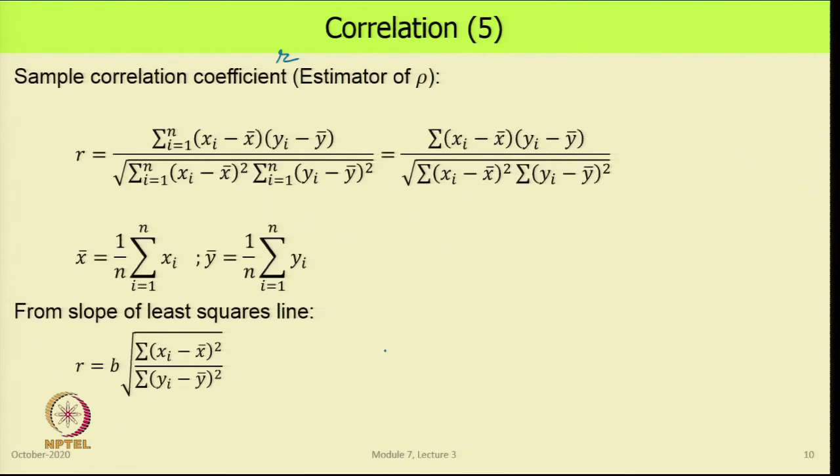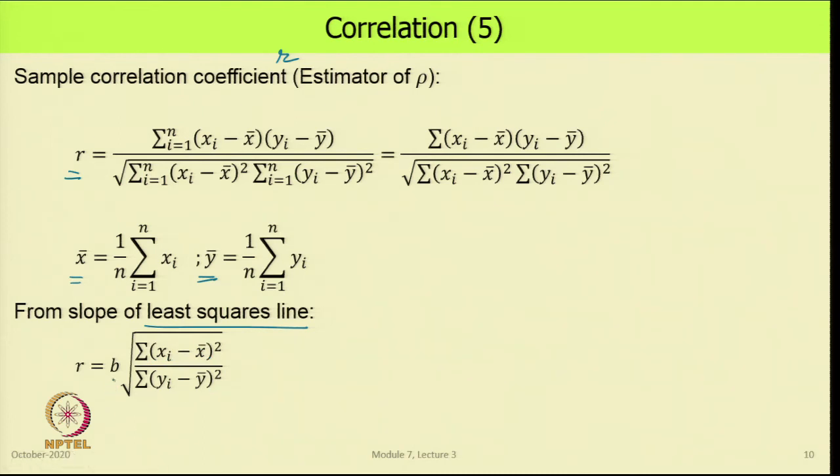Rho is the correlation that comes from the population, R is coming from the sample, and the formula is given here: R is the summation of (xi minus x bar) times (yi minus y bar), over the square root of the summation of (xi minus x bar) squared times the summation of (yi minus y bar) squared. Here, x bar is nothing but the mean of the x values, y bar is the mean of the y values, and using this we can calculate the correlation coefficient R. One can see a similarity with the least squares line we have just drawn, that is, R is b times the square root of the summation of (xi minus x bar) squared over the summation of (yi minus y bar) squared.